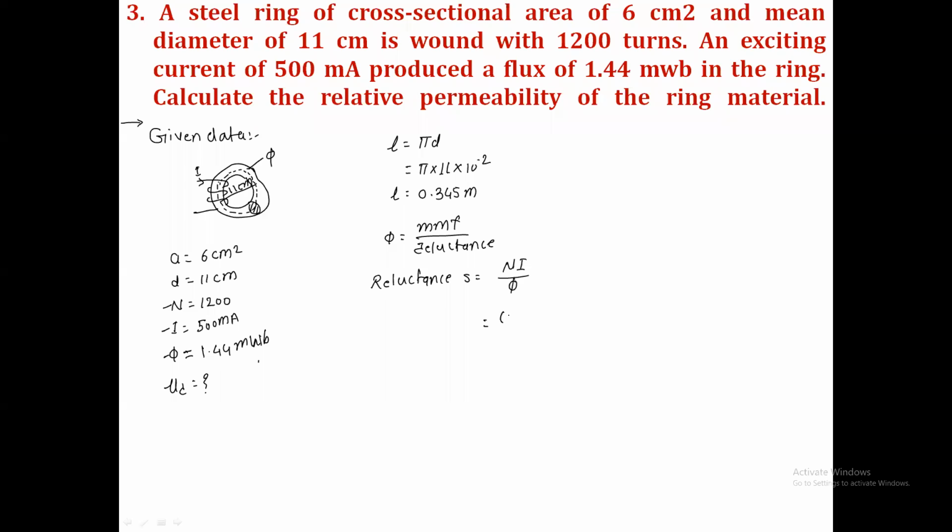Now N is 1200 multiplied by current, which is 500 milli. Milli means 10 raised to how much? Minus 3. Divided by phi, which is 1.44 milliweber, meaning 10 raised to minus 3. So can you give me the value of S?